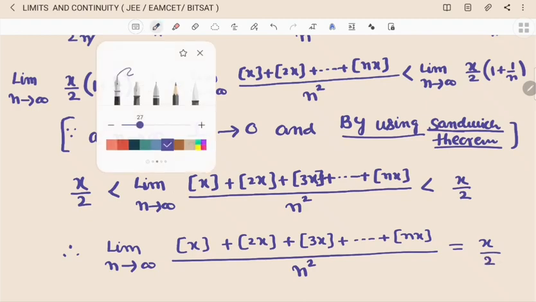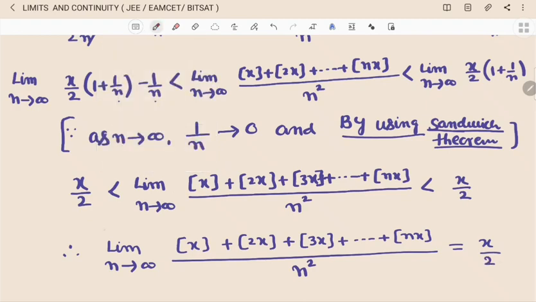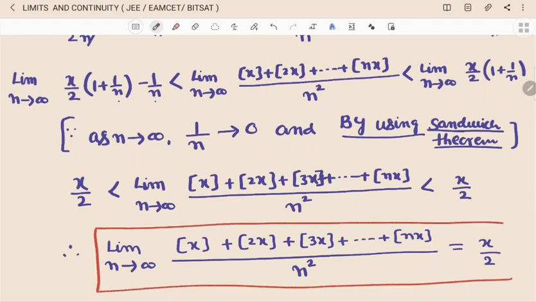This is a very important result also. Keep in mind, dear students. This is by using sandwich theorem. I hope everyone understands.